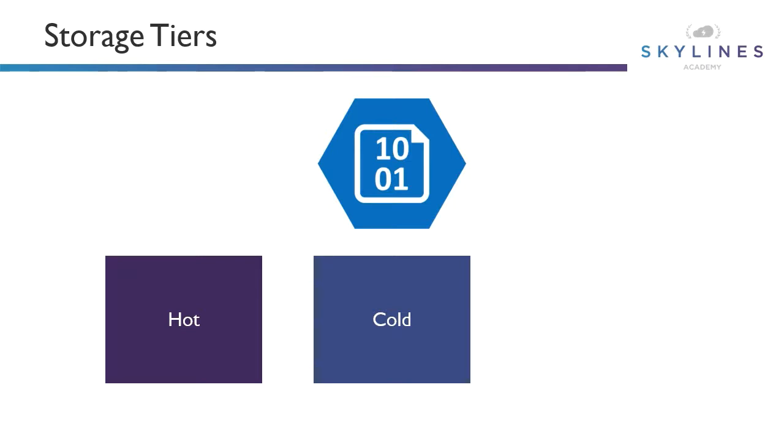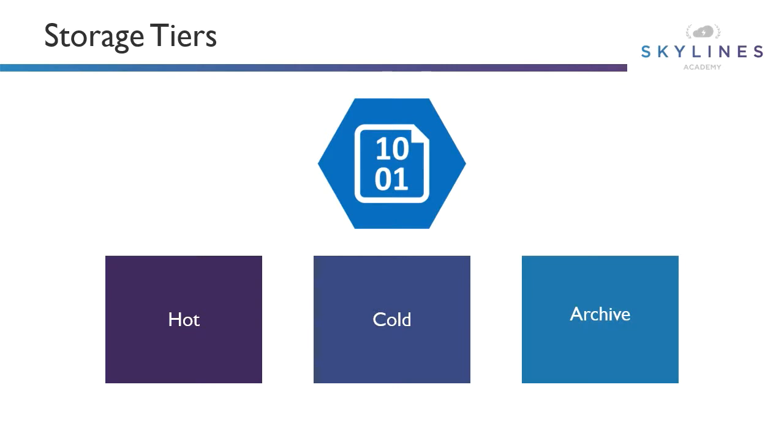Typically consider this tier for data that won't be accessed for at least 30 days, maybe short-term backups or older data sets. Finally, archive. Archive is optimized for data that's rarely accessed and won't be accessed for at least 180 days. The delay to retrieve data or rehydrate it from the archive tier can take hours to complete.